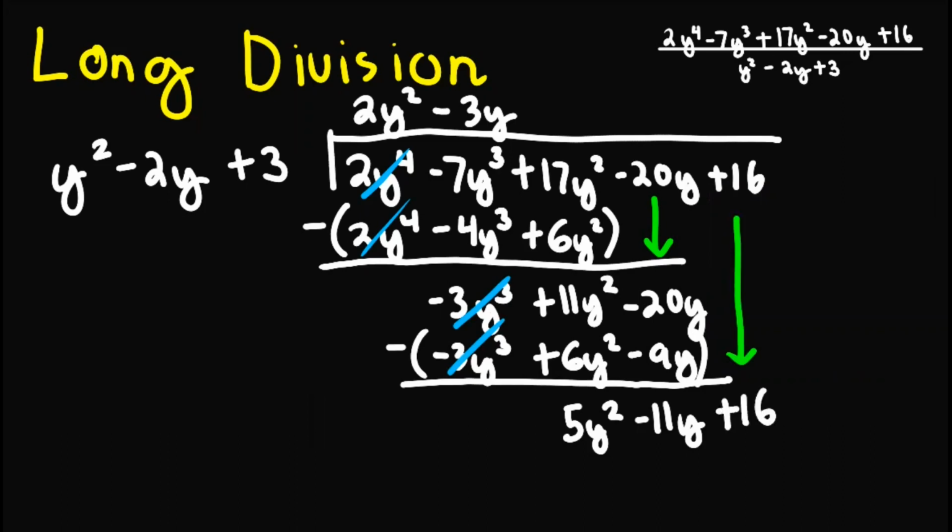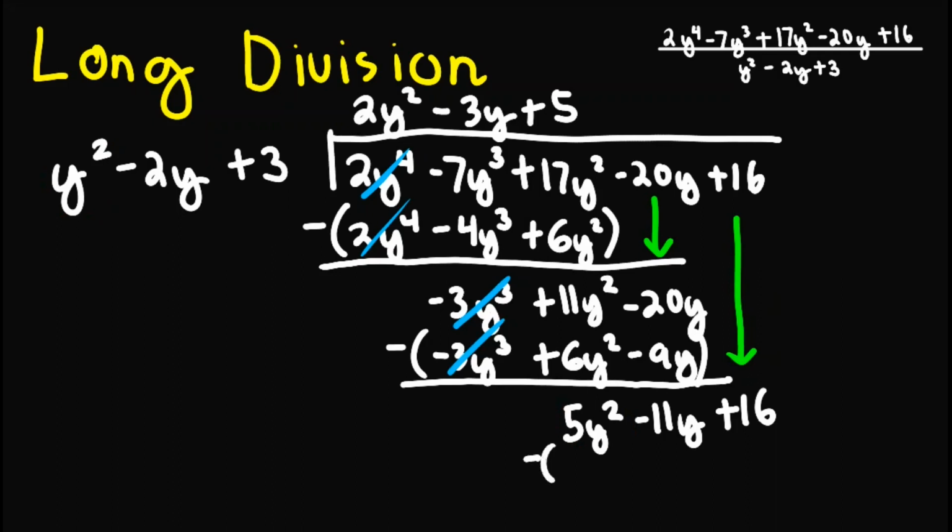Again, we continue the process since the degree of this one is still not less than this one. So dividing again this term by this term, that will give us plus 5.